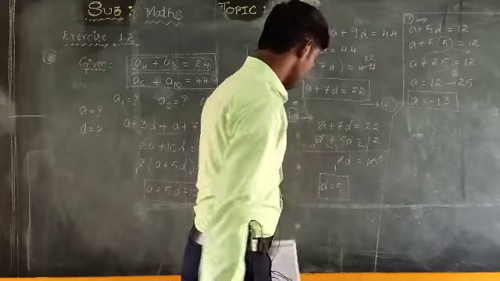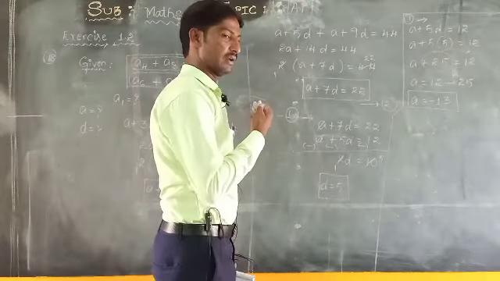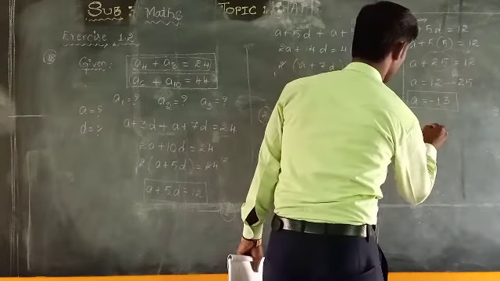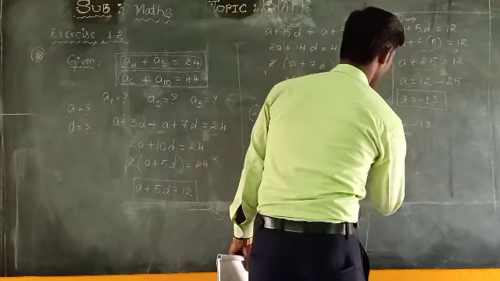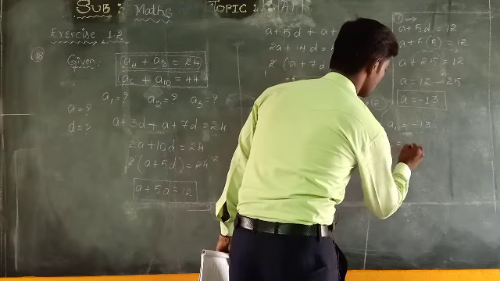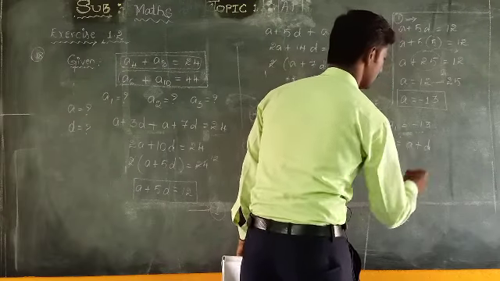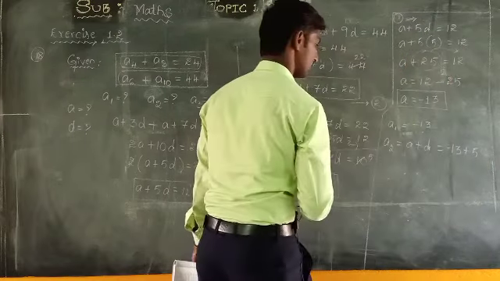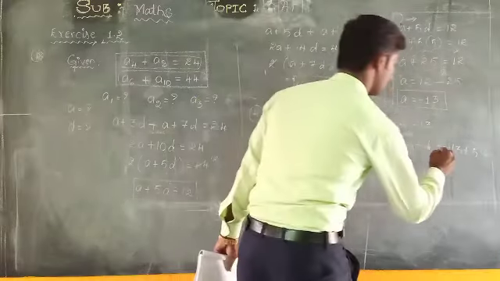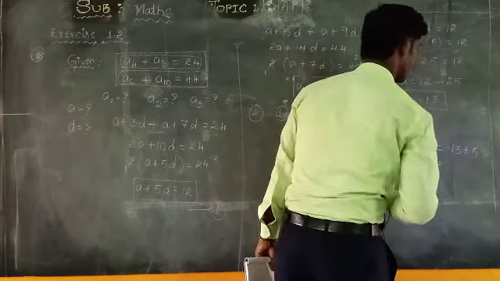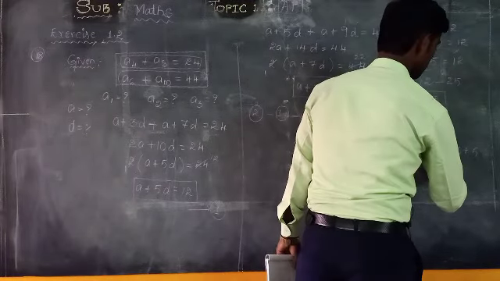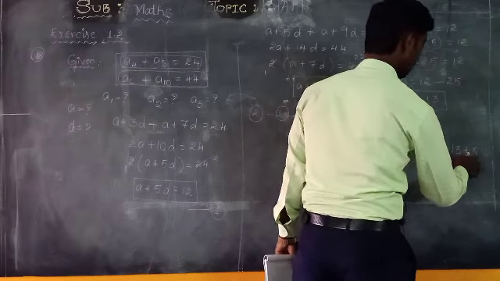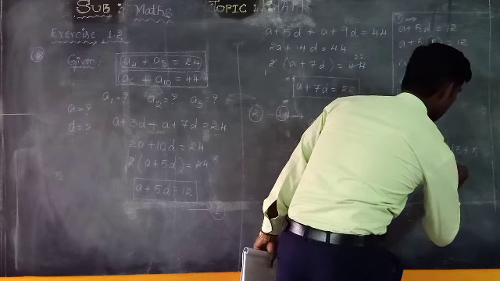A value we have, D value we have, so we can write many terms of that sequence. A1 equals minus 13, whereas A2 equals A plus D, that is minus 13 plus 5. The common difference is 5, so according to the mathematical rule we subtract: 13 minus 5 becomes 8, and the greater number has the minus sign, so minus 8.